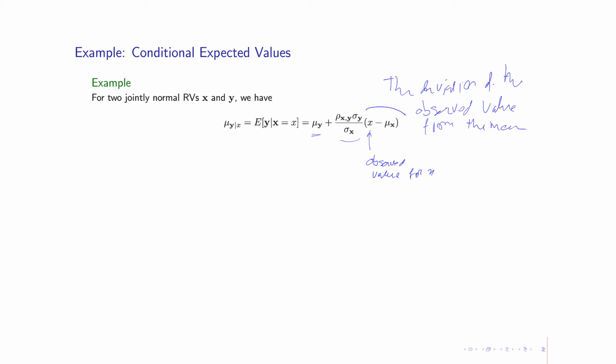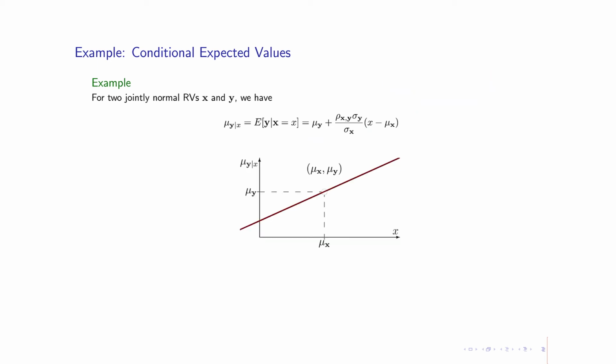So what we see is that the conditional mean after knowledge of x will become equal to the previous knowledge of y, which we had in the absence of knowledge of x, plus a correction term. And this correction term is a constant factor of the deviation of what we observe from what we expect prior to the knowledge of x. So if you plot the expected value of y in terms of x, you see that this is a linear function plus a constant.